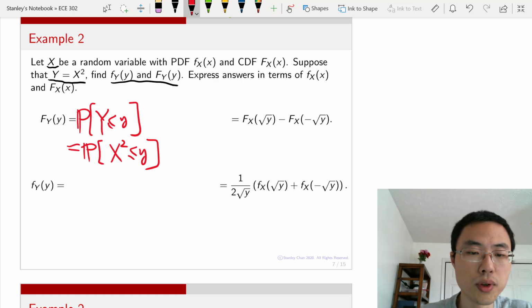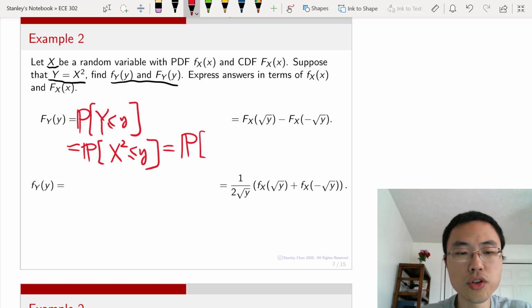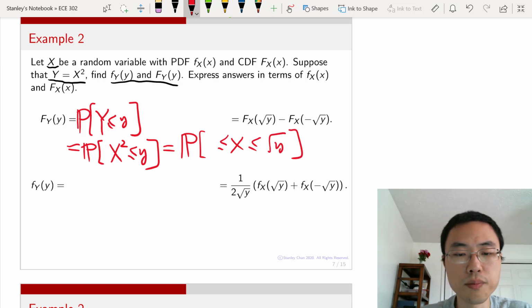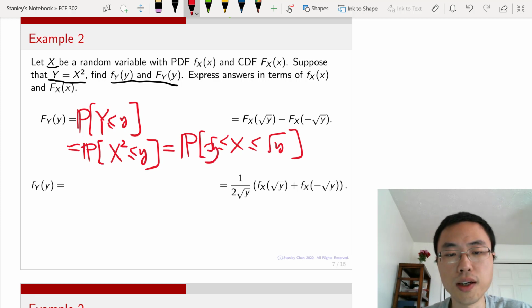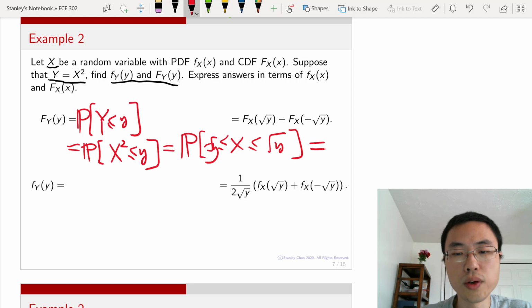And then what? Well, this is the tricky part. If you have X squared less than y, you are not just getting X less than square root of y. You're not just getting that. You also get minus square root of y, because you have two sides of this square root. So when you have this, you recognize this as what? Well, this is the probability that X is lying between the two numbers.